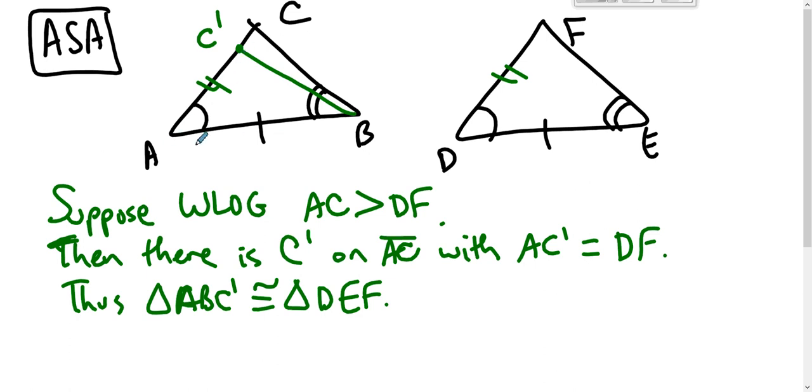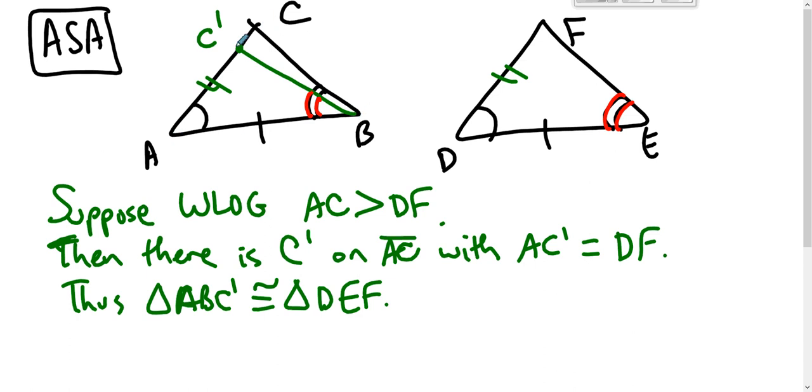Well, is that a problem? Sure, it's a problem, because then this angle is congruent to this angle. And that's a problem because angle ABC prime would be congruent to angle ABC.